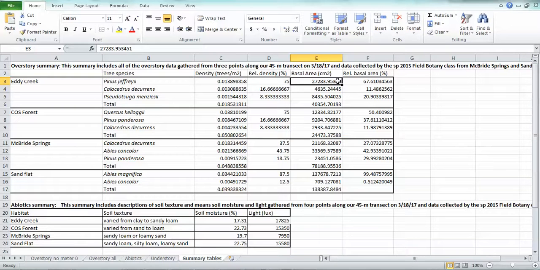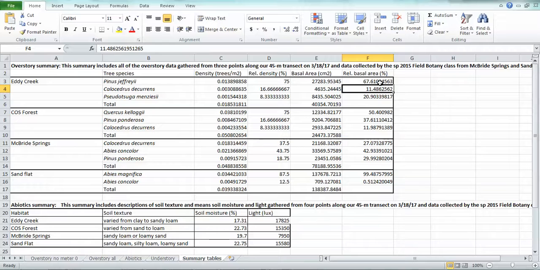So 27,283 centimeters squared. And this is the basal area for incense cedar, and then this would be the basal area for all of the Doug firs that we encountered along that transect. This is the total basal area in centimeters squared of all the trees we measured along that transect.